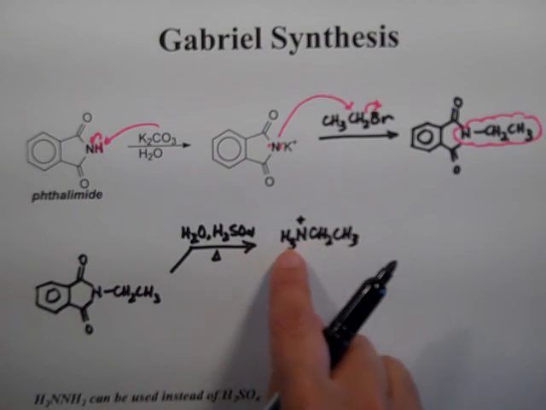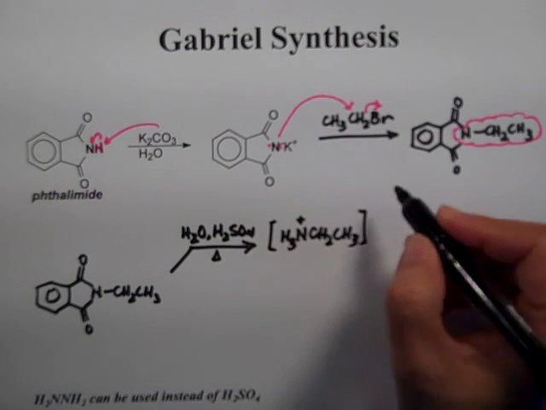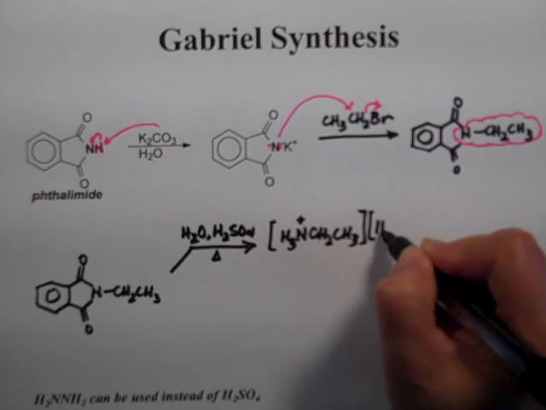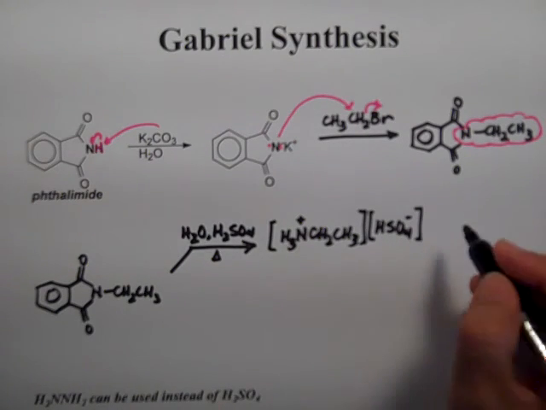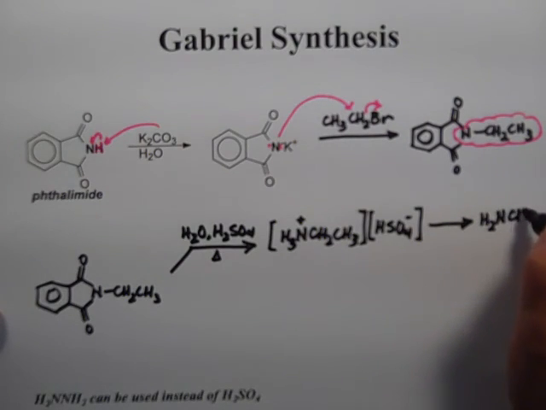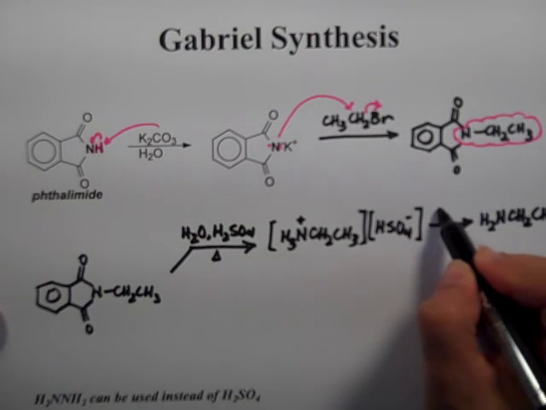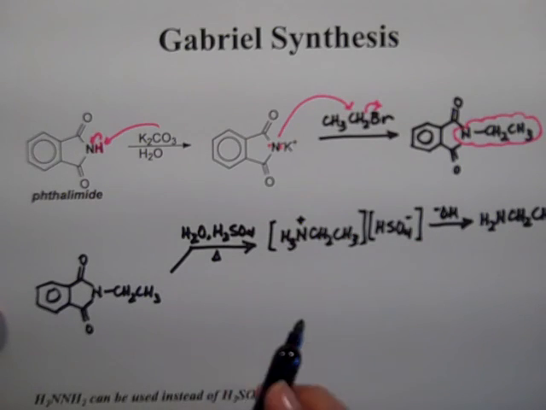As long as you keep acidic conditions, you're going to get a salt, your ammonium salt. But if you neutralize it, then you get your free amine, your free base if you want to call it that. So a little bit of sodium hydroxide will neutralize it and you get your free amine.